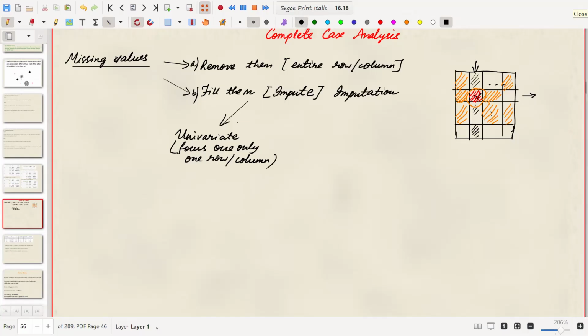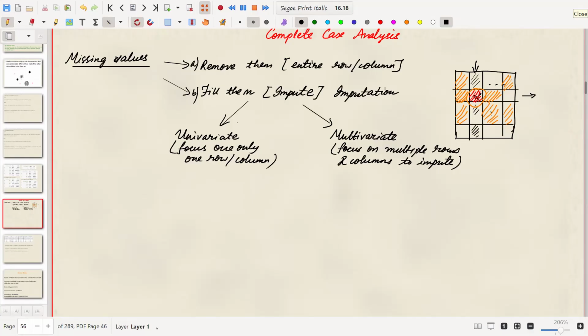Then it is known as multivariate. That means you focus on multiple rows and columns to impute. So imputation is of two types: univariate imputation and multivariate imputation.